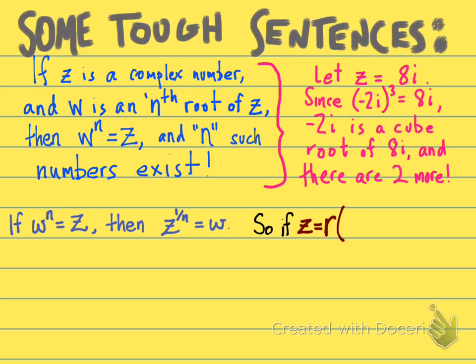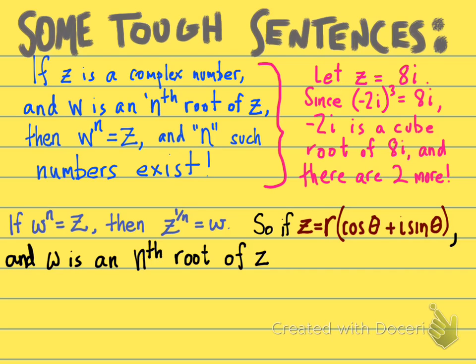So anyway, if z is equal to r times cosine theta plus i sine theta, in other words, if z is a complex number in polar form, and w is an nth root of z, which is, by the way, what we're trying to find, then w equals z to the 1 over n.